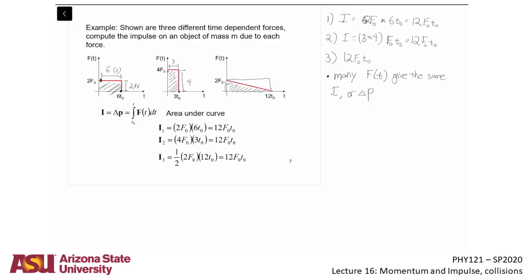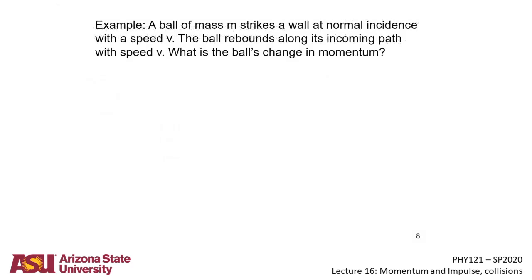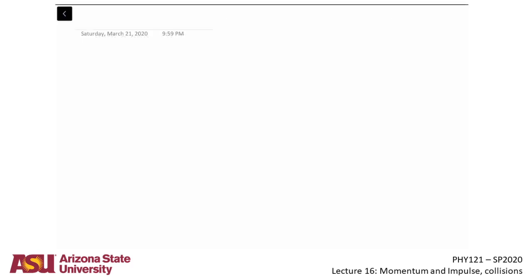So let's take a worked example real quick. A ball of mass m strikes a wall at normal incidence with speed v. The ball rebounds along its incoming path with speed v. What is the ball's change in momentum? So for this example, we have a ball with some mass m and v.